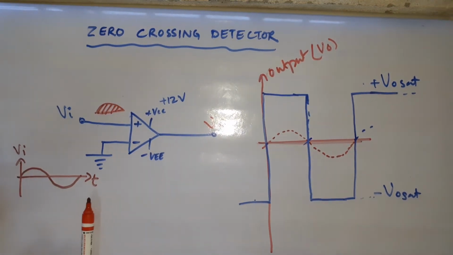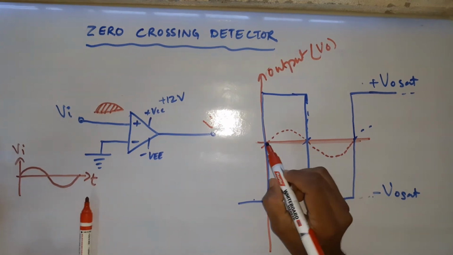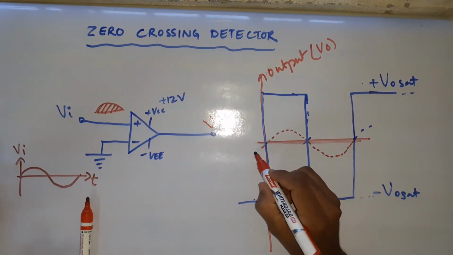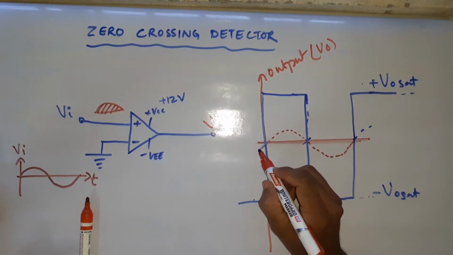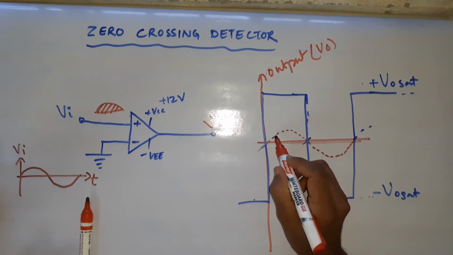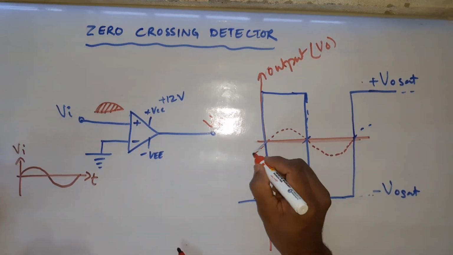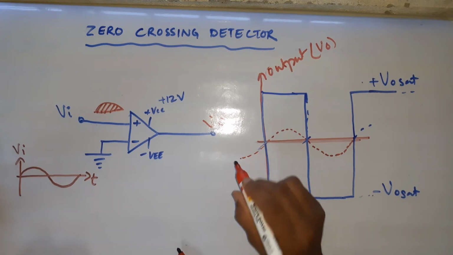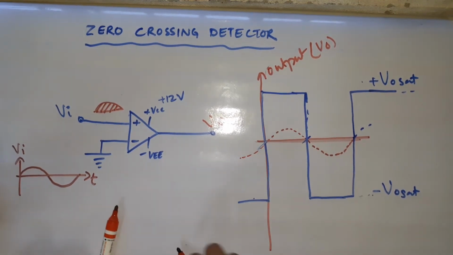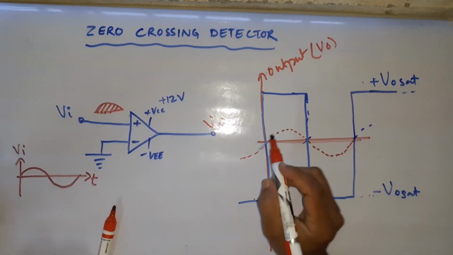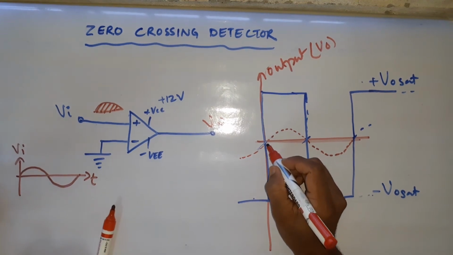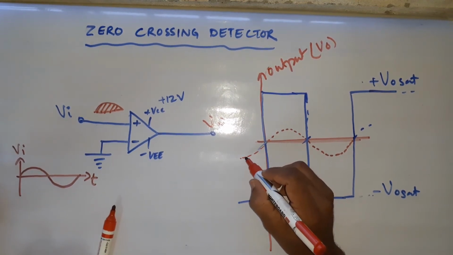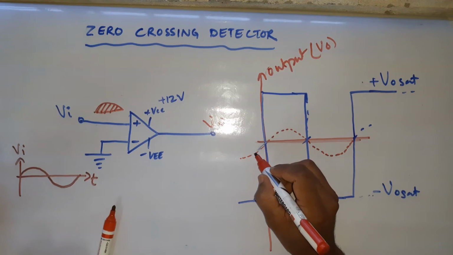Now, one important thing to notice here is, whenever your input is going from negative to positive, see, I will continue it here. It was supposed to be like this, right? If I continue before the time 0, your input is going from negative to positive.